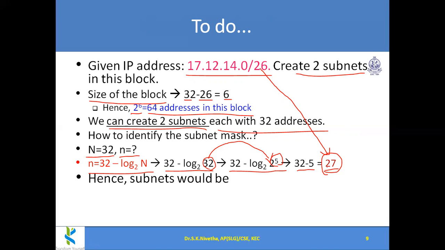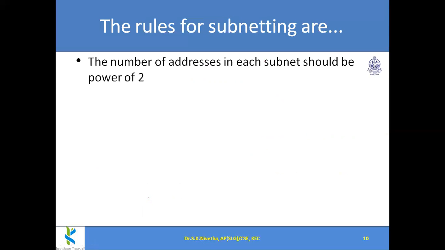Hence the subnets would be 17.12.14.0/27. Another subnet would be after 32 addresses, 0 to 31, so the next is 32: 17.12.14.32/27. These two are the starting addresses of the subnets. In that way we can calculate it.